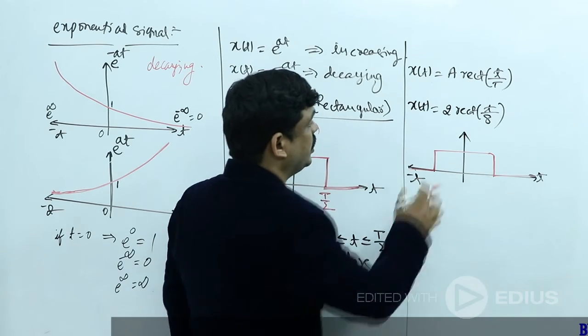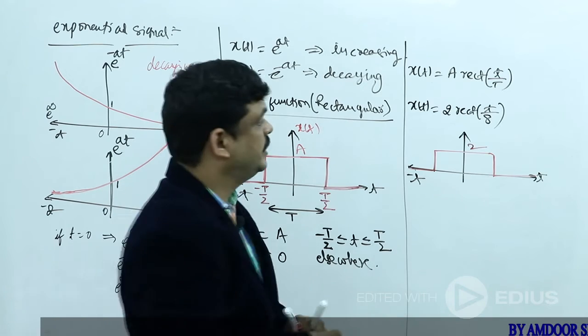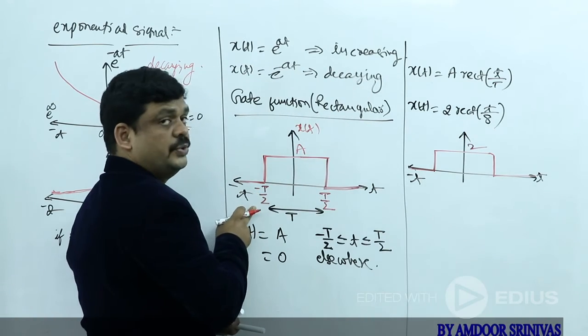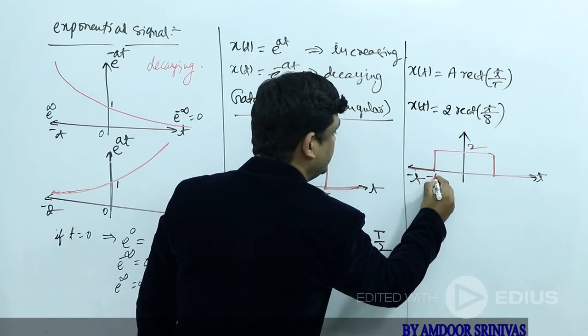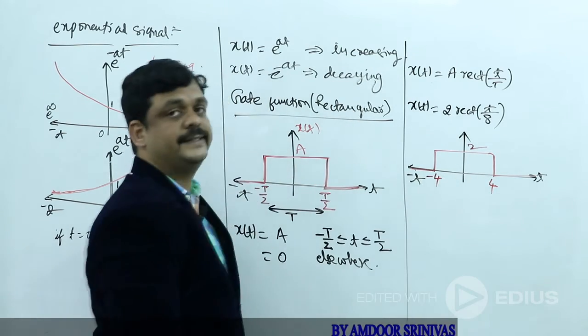How much amplitude? The amplitude is 2, so write 2 here. Then what are the time limits? The total time period is 8. The time limit is minus T by 2, so minus 8 by 2 becomes minus 4, and the other limit becomes plus 4. So we draw it like this.